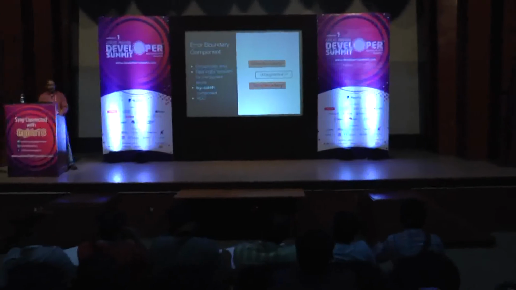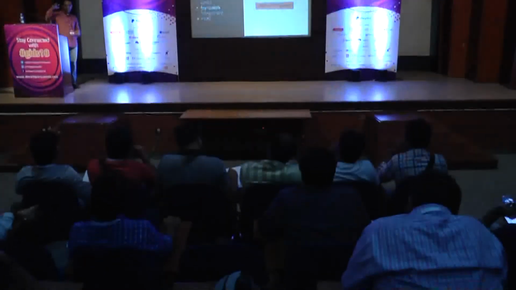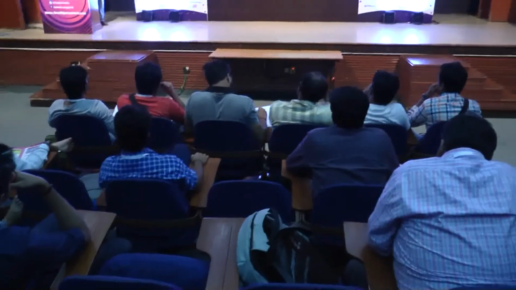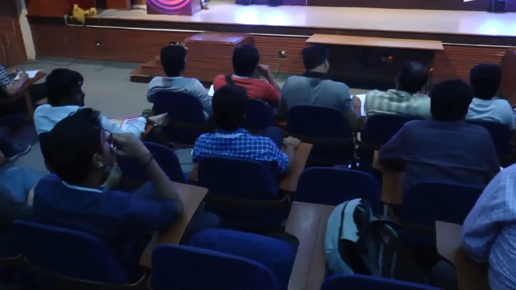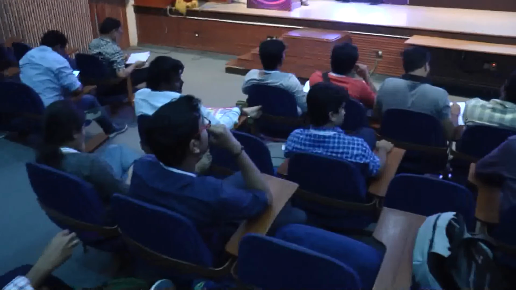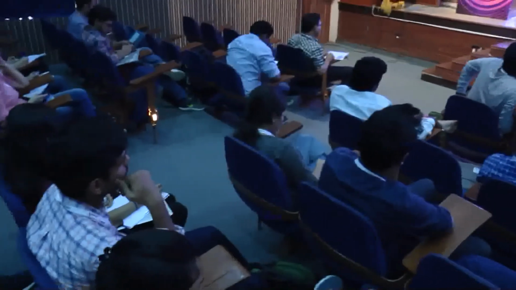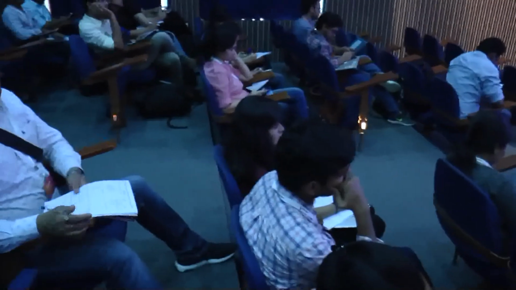This actually is a good point. You want to show data which you want to push down, but the data actually comes from below. It is actually kind of violating the data down, events up principle. Yes, that's a good observation actually. So since the data itself, the error itself, is our data, it has to come from below. And by only wrapping it, we're going to get the data. So this is kind of an exception to the rule where data always has to flow down. A good point.